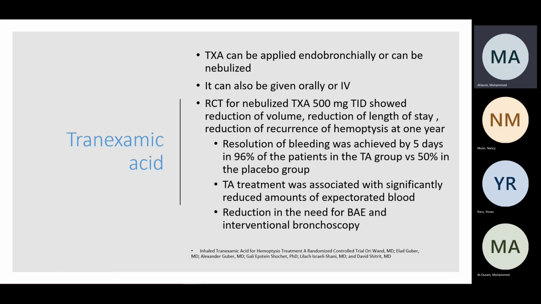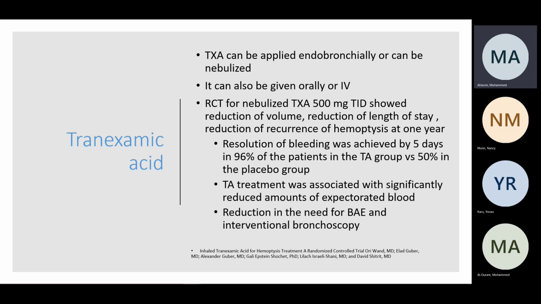Anyway, quickly, because this is important: for conservative management, an option if someone has repeated hemoptysis or significant hemoptysis, but it's not massive, is to use tranexamic acid. You can use it orally or IV, but it's better to use it nebulized.